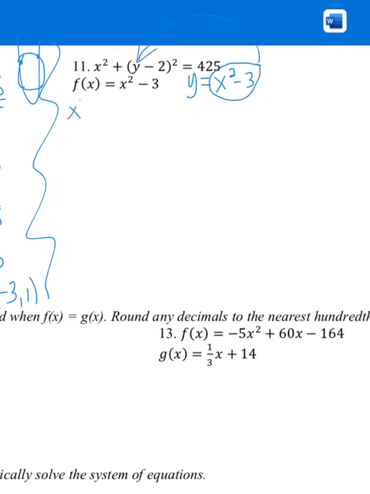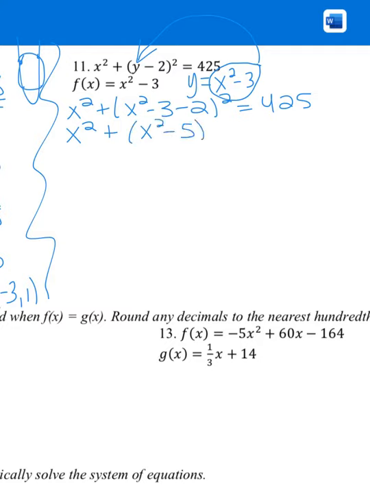So I have x squared plus x squared minus 3 minus 2 squared equals 425. x squared plus, this is x squared minus 5 squared equals 425. I double distribute the x squared minus 5, and I get x to the 4th minus 10x squared plus 25 equals 425.